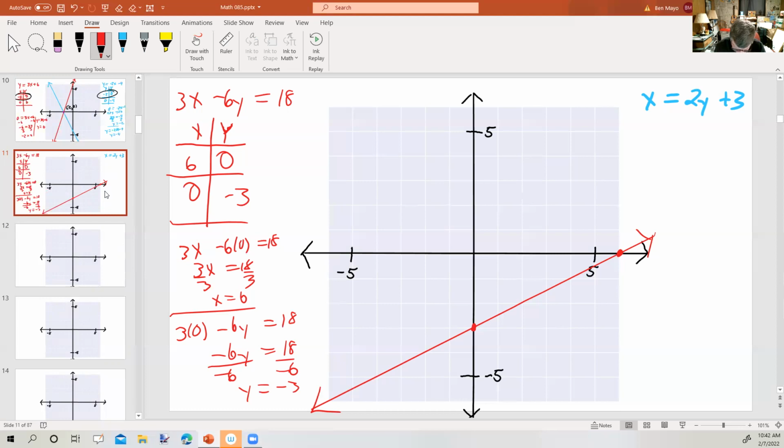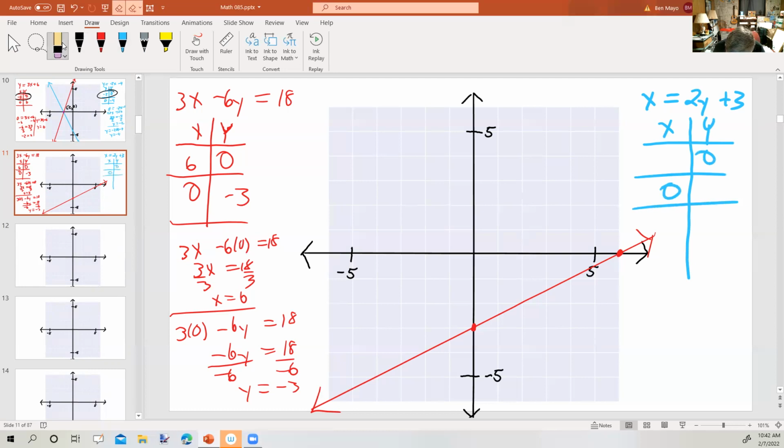Okay, let's see here. We're looking at the blue equation. Again, let's go ahead and use the X and Y intercepts. If Y is 0, X equals 2 times 0 plus 3, X equals 3.